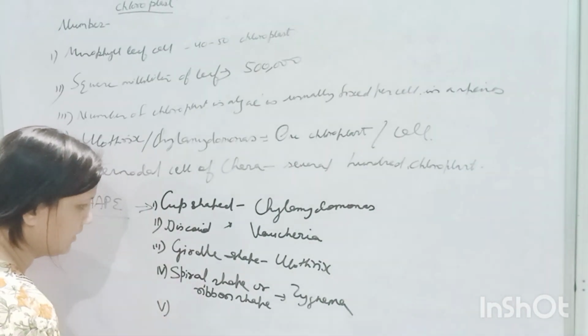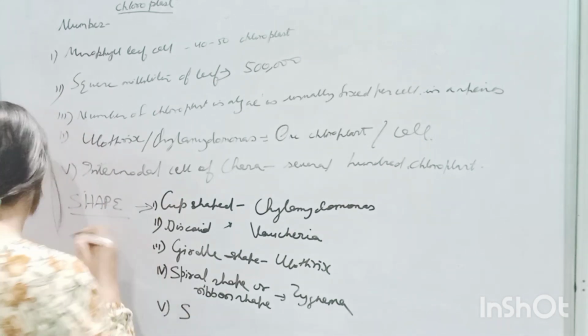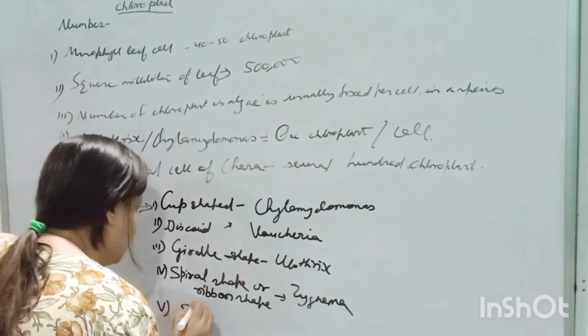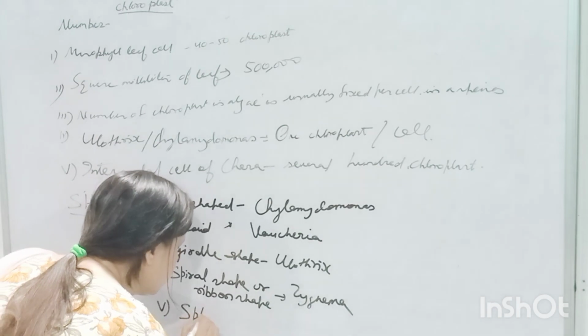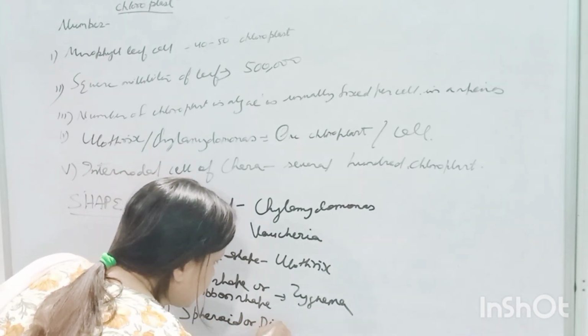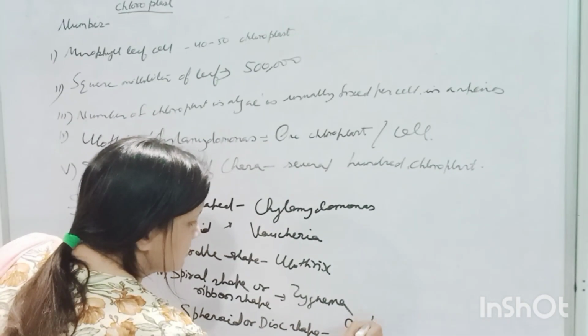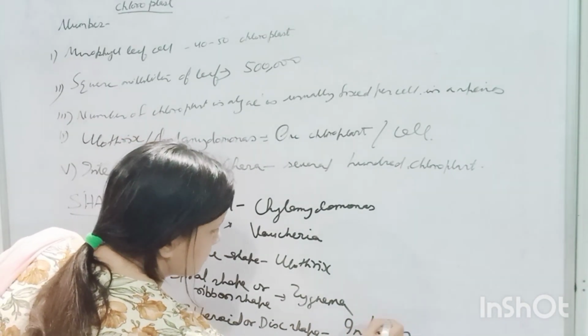In higher plants, the shape is disc or spheroid.